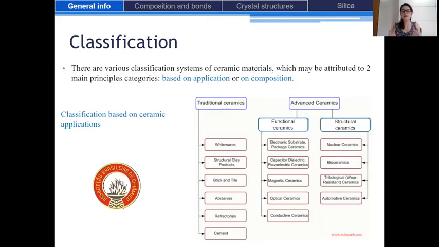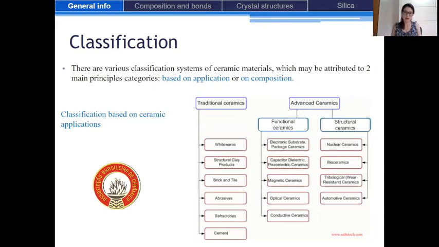So let's have a look at the classification that is based on ceramic applications. As you can see on this graph, that has been found in the literature, we have traditional ceramics and advanced ceramics.